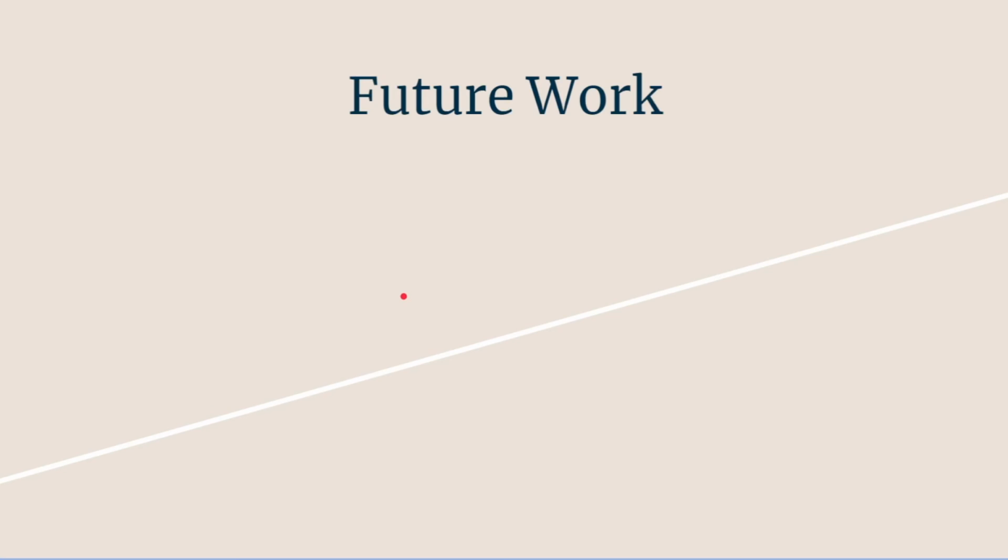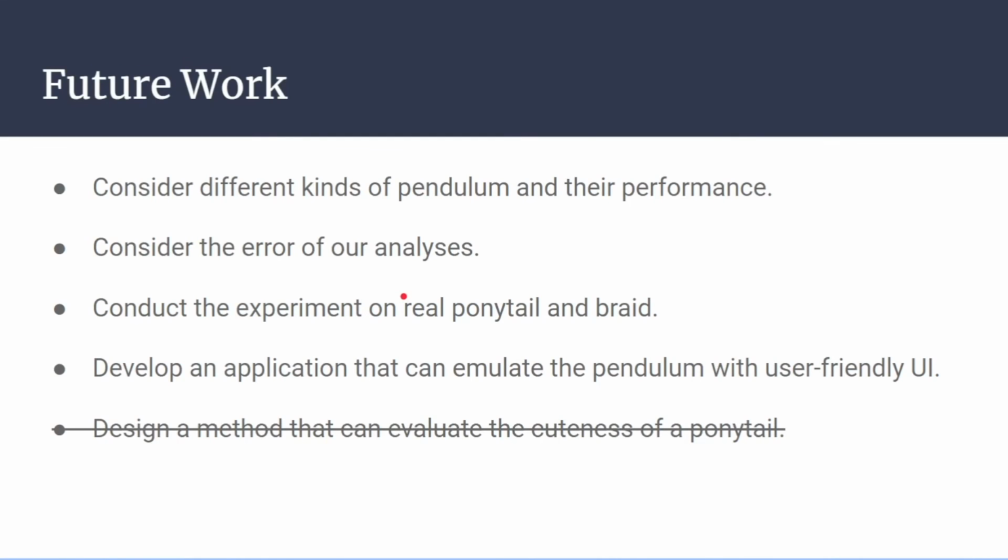Next, let's talk about some possible future work. First, we might consider some different kinds of pendulums and their performance on time measuring. And second, we might consider the errors of our analysis.